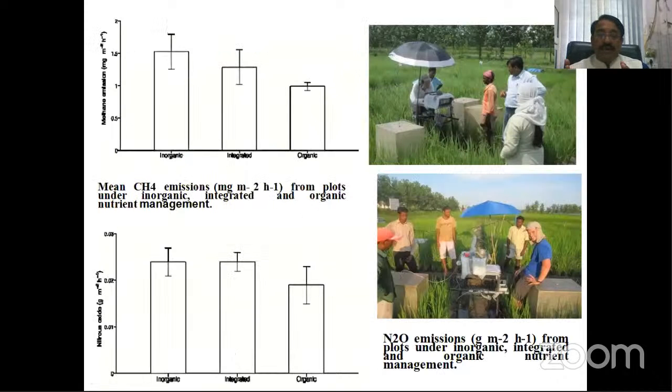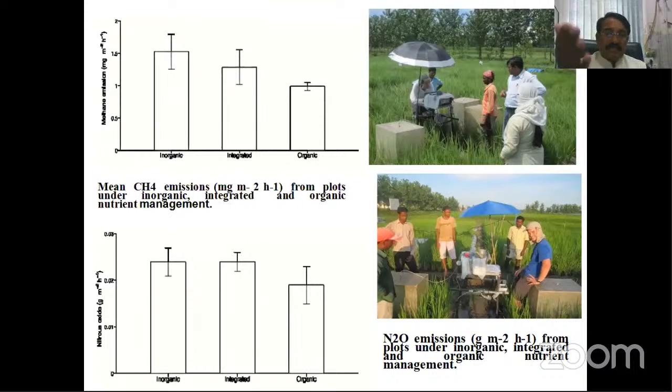We had one student, as mentioned in my biodata, who was from ETH University, Zurich, Switzerland. He did his master's research under me. At a later stage, after 10 years of continuous organic production system, he estimated that methane flux was also less. Then he mailed me that this is beyond the reference.